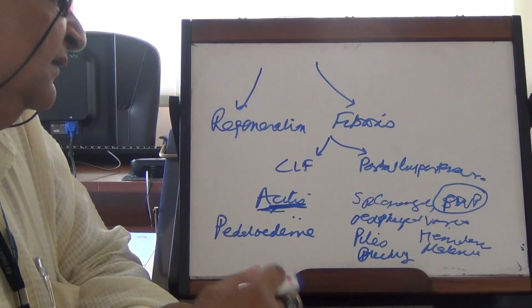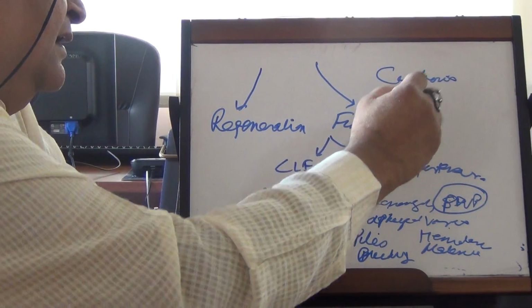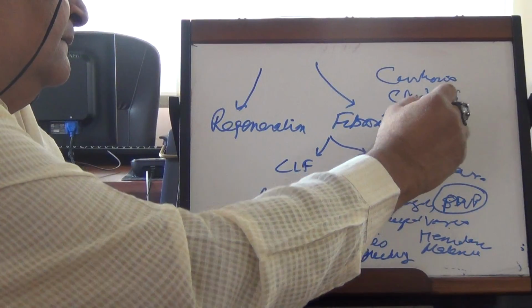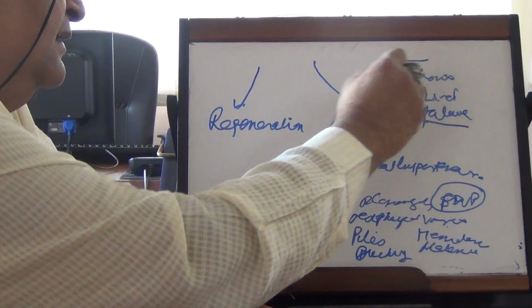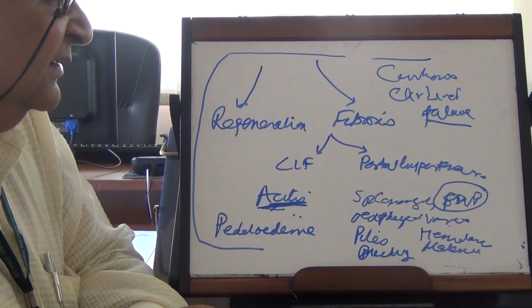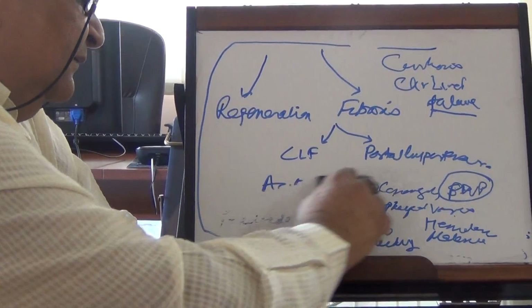So this is the picture of cirrhosis and chronic liver failure. So this finishes the clinical approach to a case of liver, and then we will deal with management in the separate lecture.